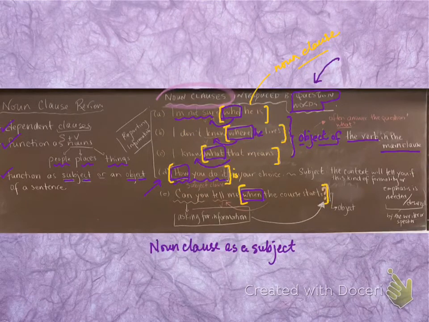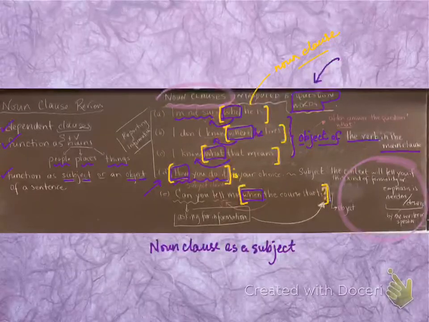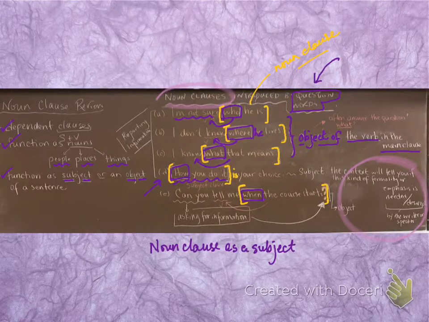You'd want to use the noun clause as a subject sometimes when you're being a little bit more formal. So looking at the information down here, the context will tell you if this kind of formality or emphasis is needed or maybe desired, okay, by the writer or by the speaker.